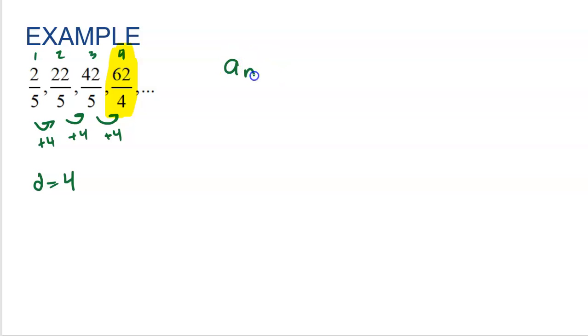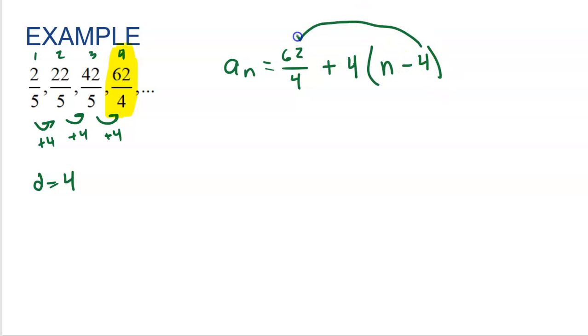Watch. All right, a formula to find any term I want is going to be the output, 62 over 4, for that value I picked, plus the common difference of 4 times n minus 4. That was the value that led to the 62 fourths. And then I just got to do a little bit of cleanup work. 62 fourths plus 4n minus 16. And let's see here.